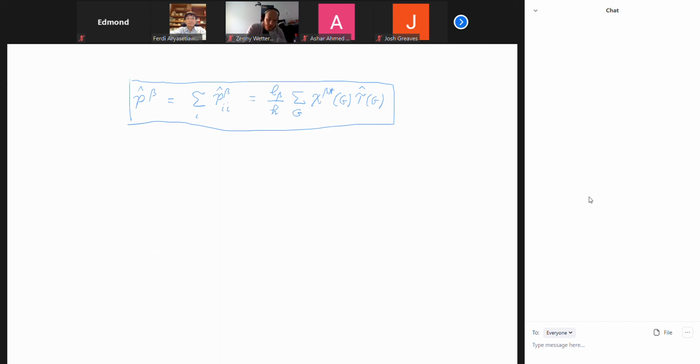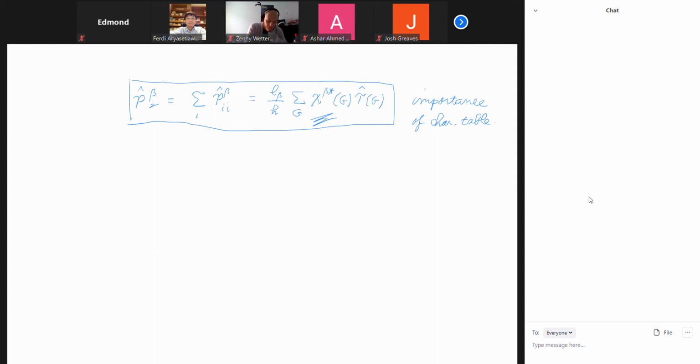This also shows again the importance of the character table, because we need to know the characters of the various irreducible representations. That's why the character table is so important, because that allows us to do basically most of the things we need to apply group theory to real problems.